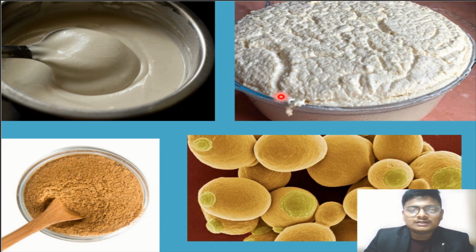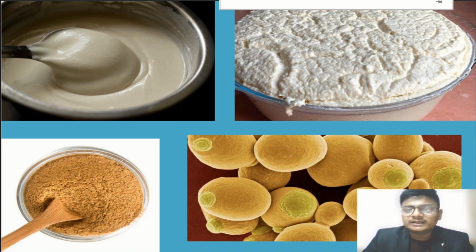This is also used in baking, like when you are eating cake, and this process is known as fermentation. This fermentation lets you eat delicious foods like dosa, idli, cake and many things.